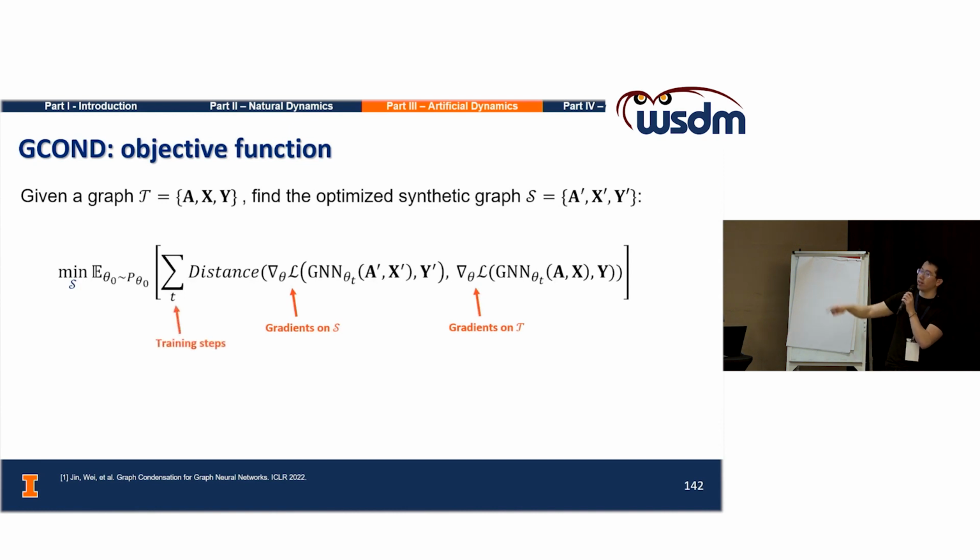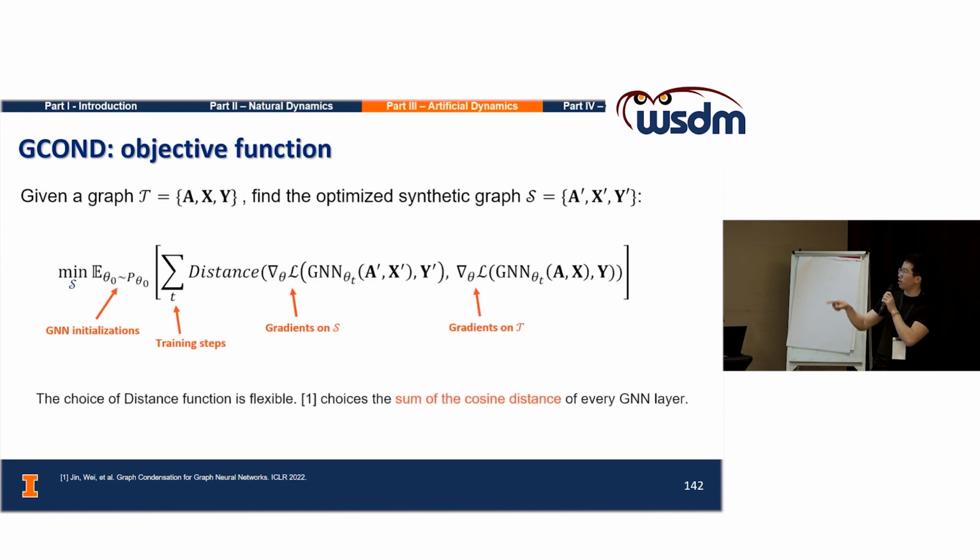That's why they have a summation over the training steps. Also, they try to ensure that under every graph neural network initialization, the training trajectory can always be matched. So they have an expectation over the initializations in the bracket. That's the first piece.